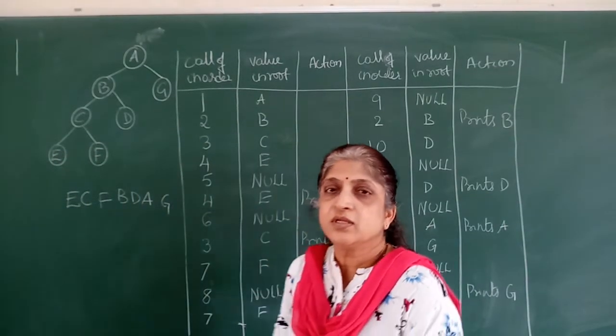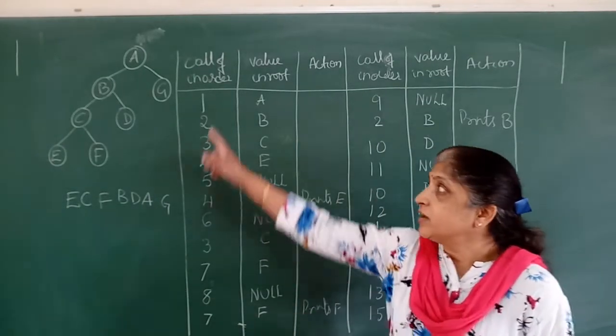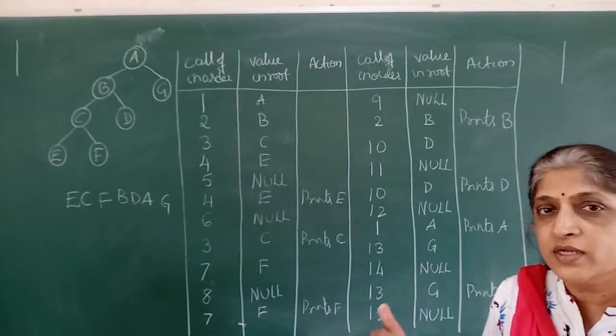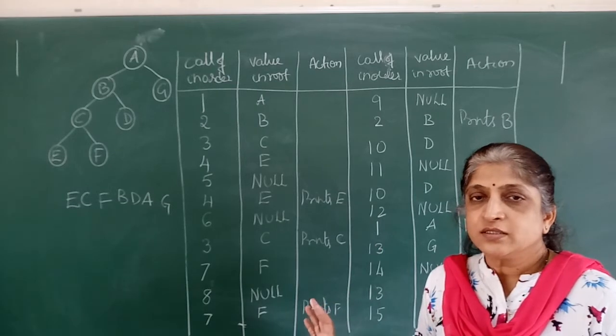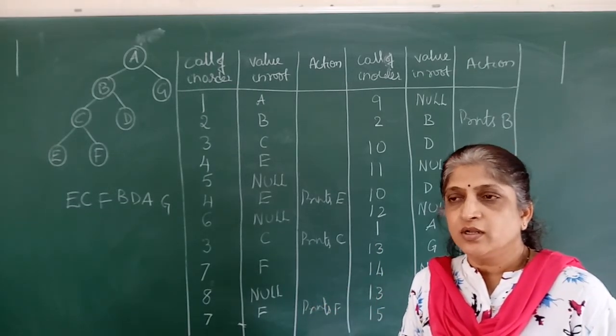This is how the calls are done in this function. The number here tells the call number, how many times this function is called. On a similar basis, we will write the function for pre-order and post-order also.